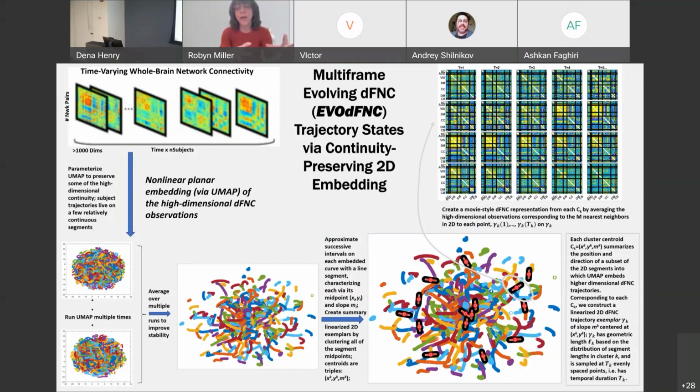We're going to take those and try to find the dominant directions at different points in the embedding and walk along those exemplar linearizations in 2D, averaging the embedded neighbors of each point in that linear exemplar in 2D, and then invert. So okay, let's see.